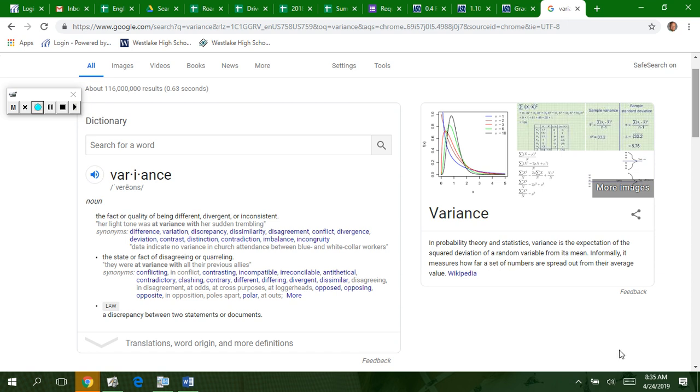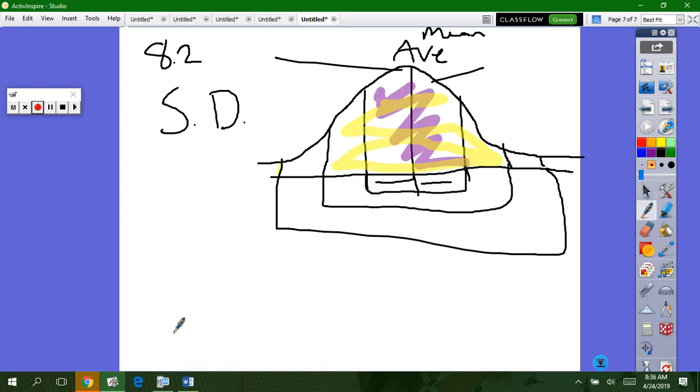Oh, that's what it is. I have no idea how they use variance because I'm not very good at statistics. Not square root. So we're going to come back to our data. Let's go back here. So we have standard deviation and we have variance.